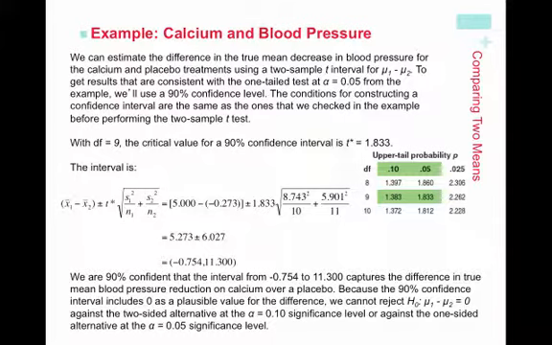Because the 90% confidence interval includes 0 as a plausible value for the difference, we cannot reject the null hypothesis against the two-sided alternative at the 0.1 significance level or against the one-sided alternative at the 0.05 significance level.